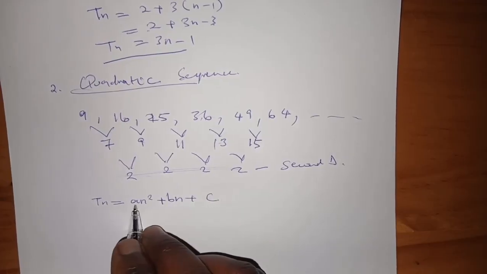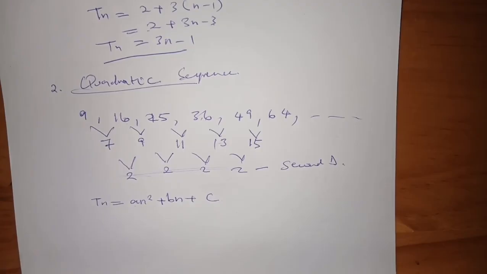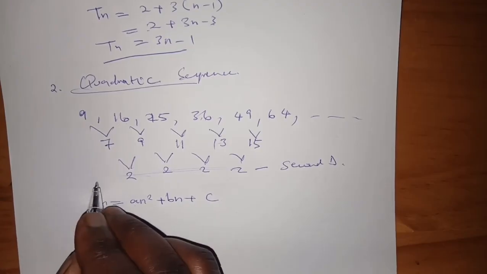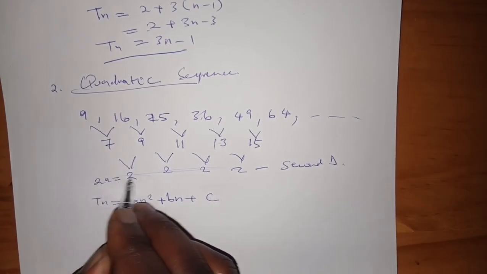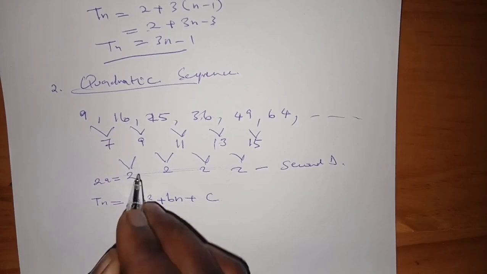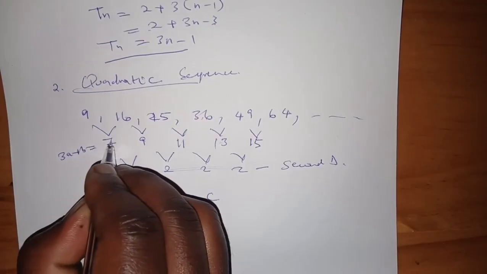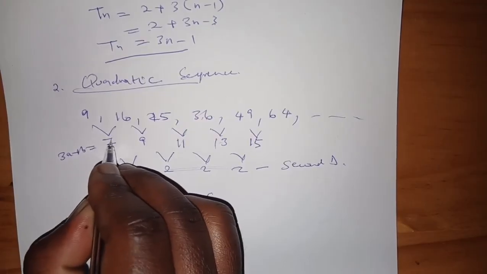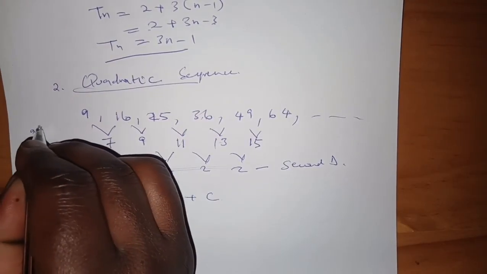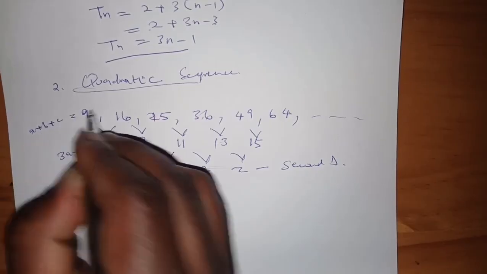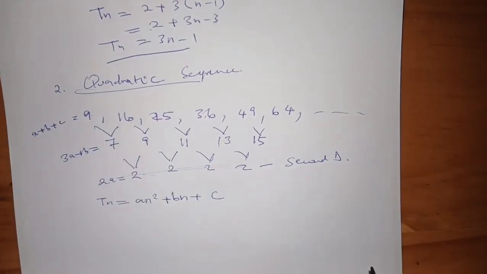Now how do you find a, b, and c? This is how you should find a, b, and c. You have 2a being equal to the second difference, and then you have 3a plus b equal to the first difference, and then a plus b plus c equal to the first term there.